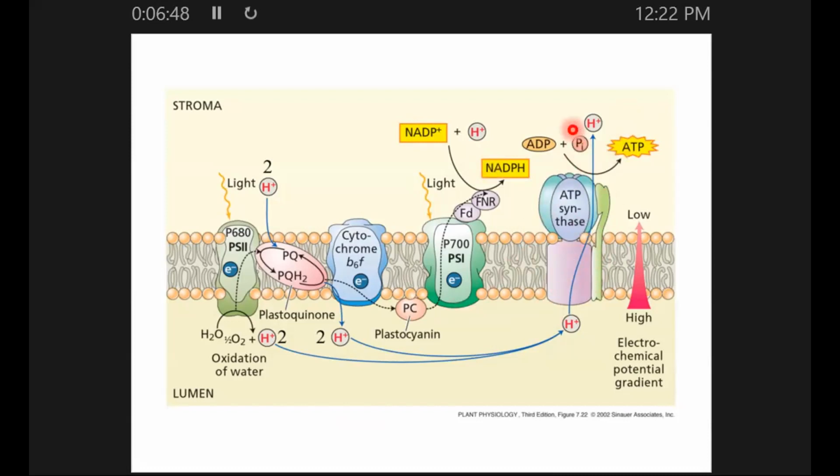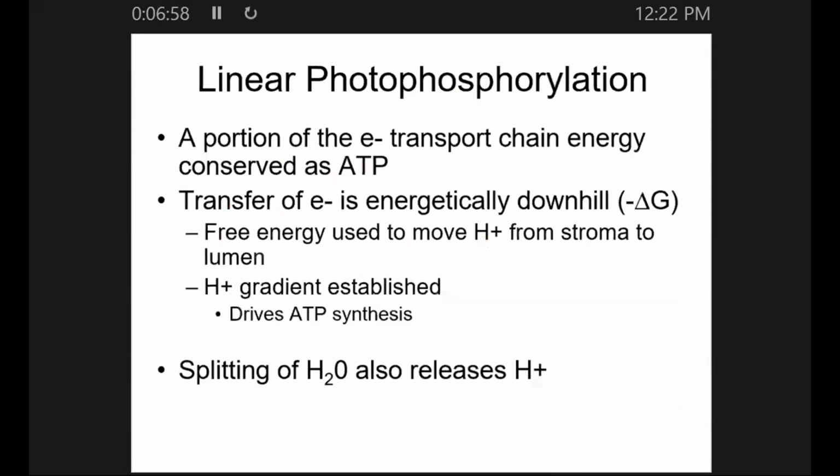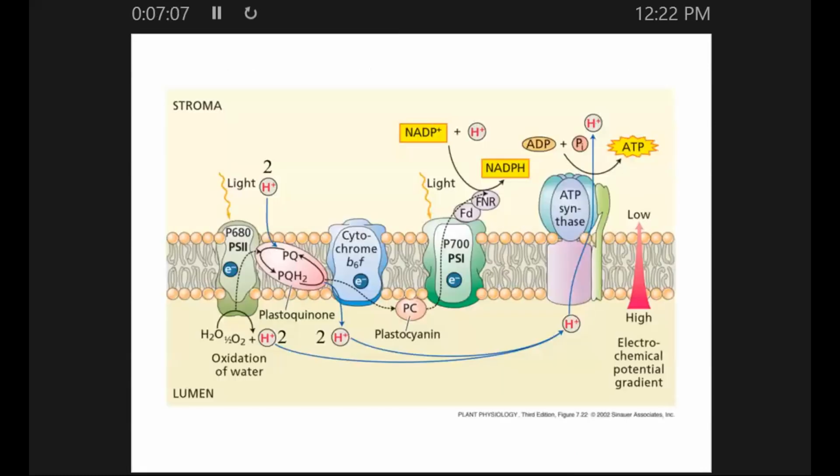And as they're diffusing back, it creates a situation that allows for the ADP to get phosphorylated to ATP. Okay, so that's what that term linear photophosphorylation means. It just means that as the electrons are going on down the line, you will get ADP phosphorylated eventually as the protons diffuse back through the ATP synthase.